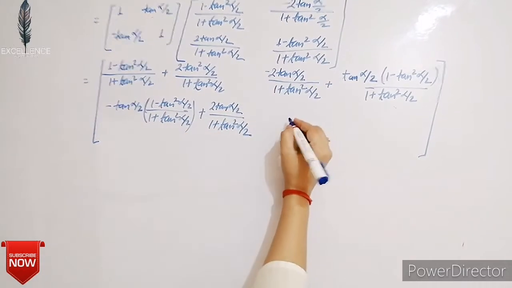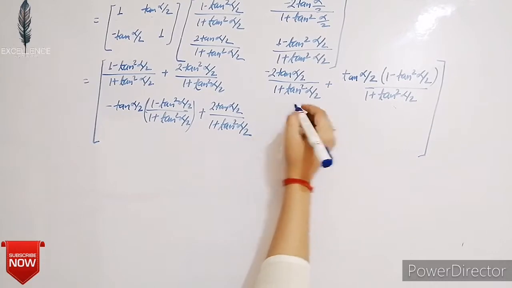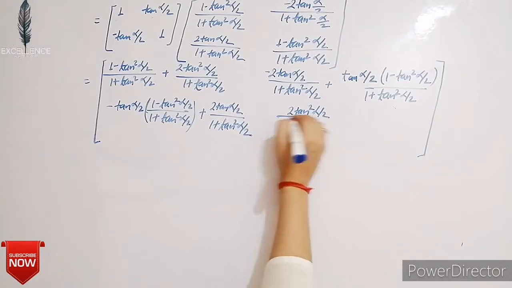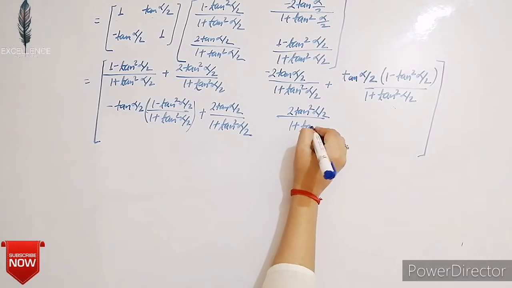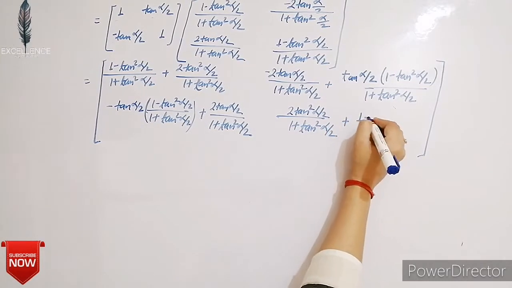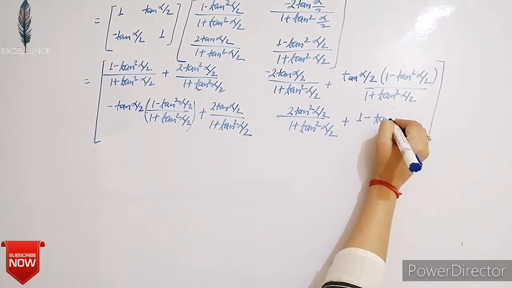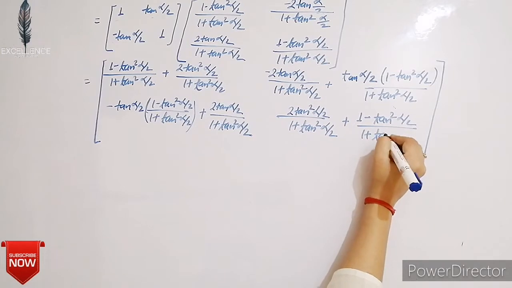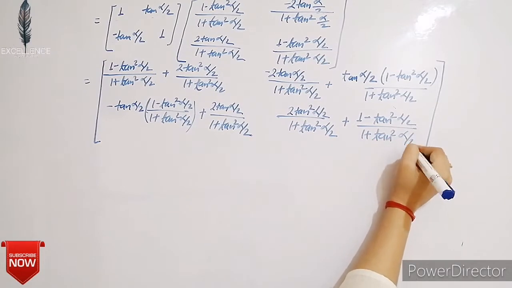Now the last element is second row by second column, that is 2 tan square alpha by 2 upon (1 plus tan square alpha by 2) plus (1 minus tan square alpha by 2) upon (1 plus tan square alpha by 2).